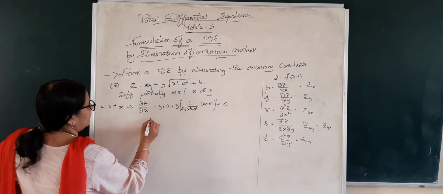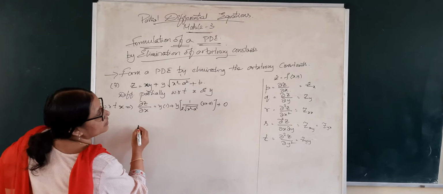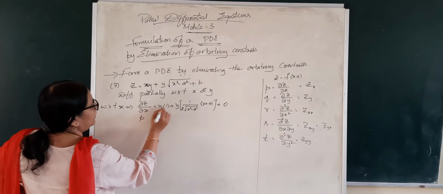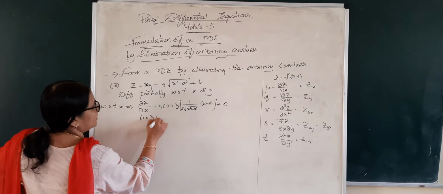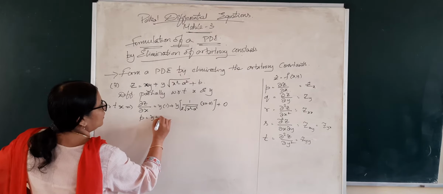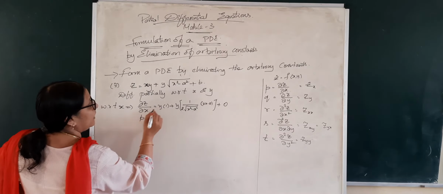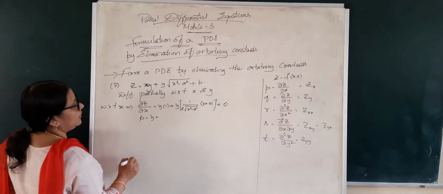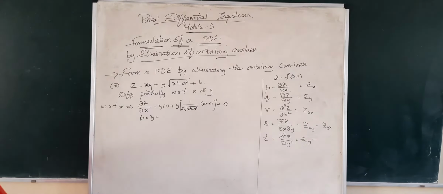Now simplify this. What is this in the standard form? This is p. So p is equal to y plus, you can cut these two basically. You can take out a y in this case, otherwise you can keep y however you prefer.